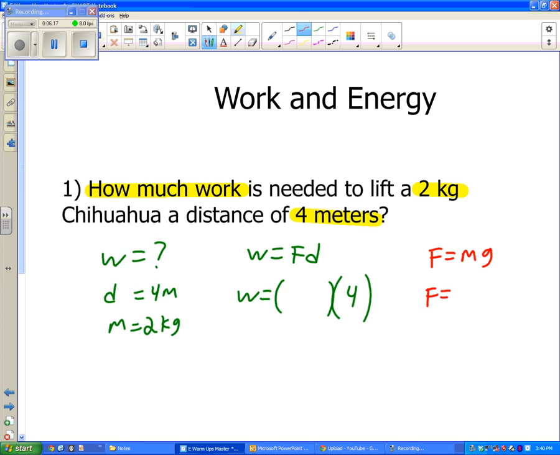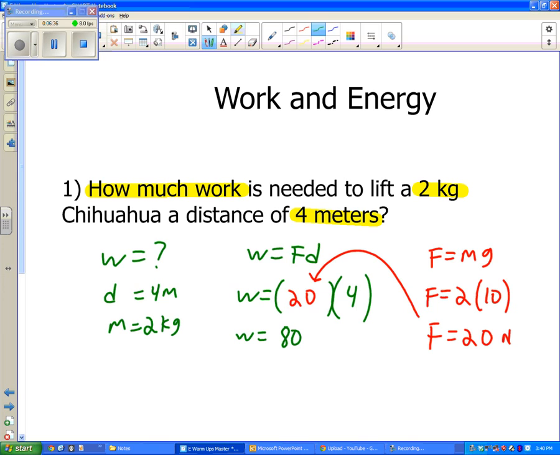So our force is the mass times gravity, which is 20 newtons. I can plug this in, and I get a work of 80 joules. All right?